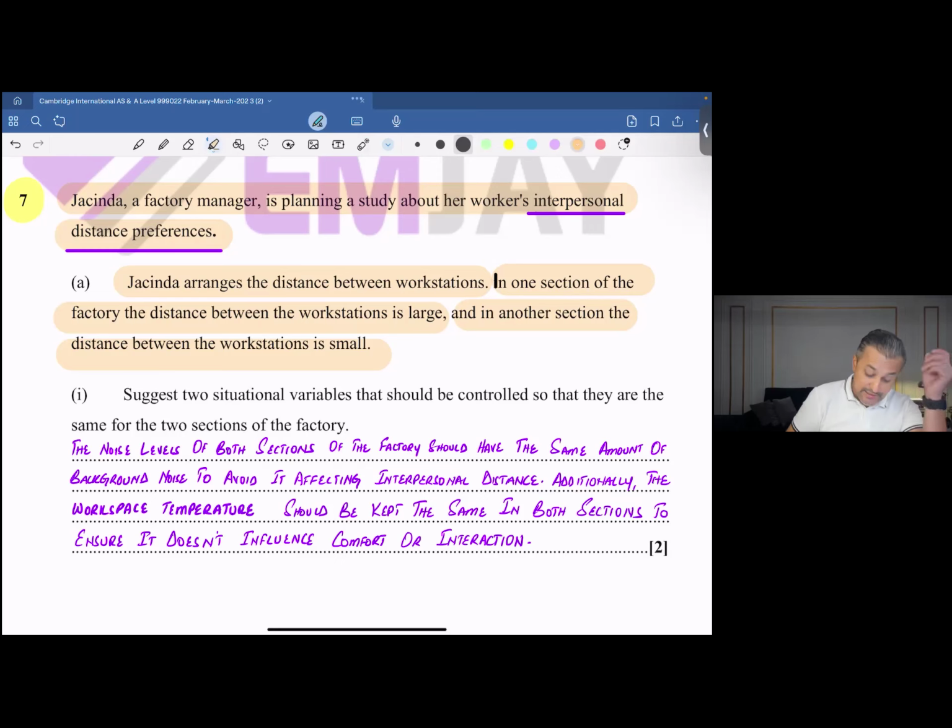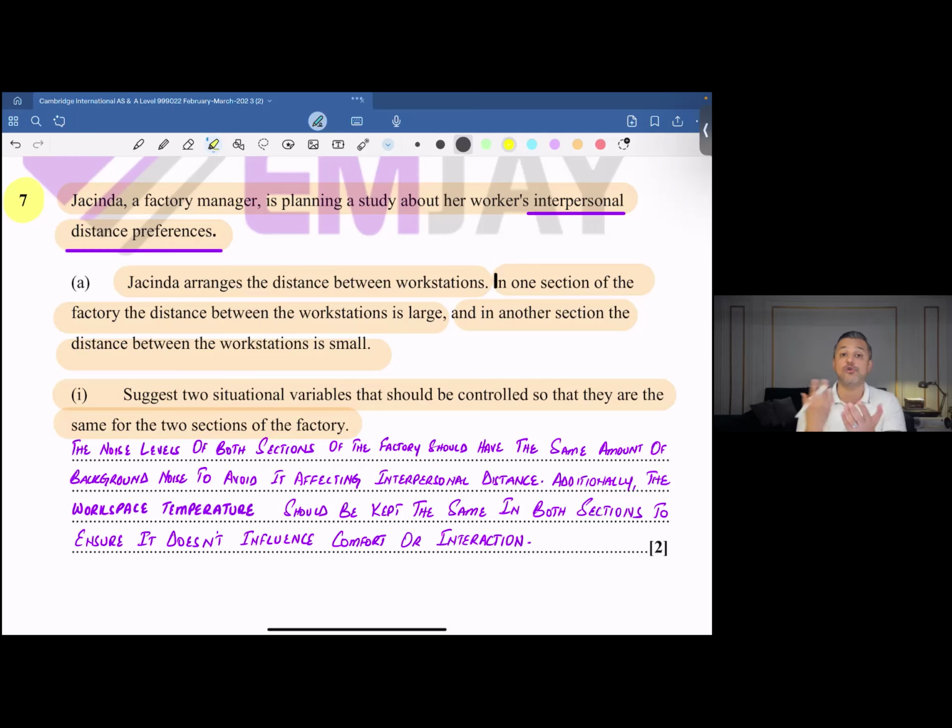Now, taking this ahead, suggest 2 situational variables that should be controlled so that they are the same for the 2 sections of the factory. We're talking about situational variables over here. What the examiner is trying to ask us is, because it is the interpersonal distance preference that Jacinda is trying to measure, that she's trying to investigate, minus that, everything else should be constant.